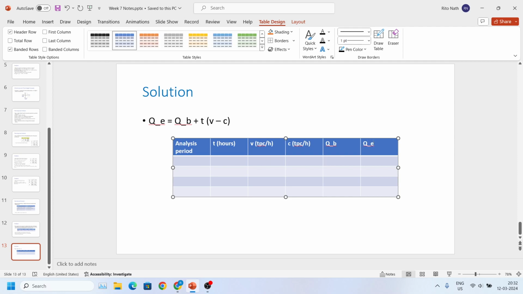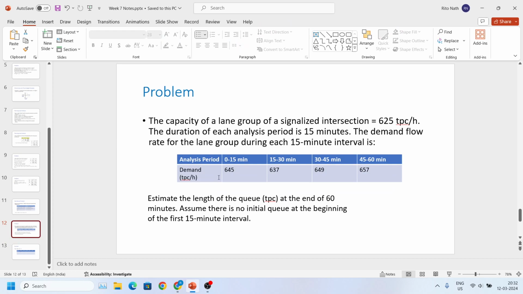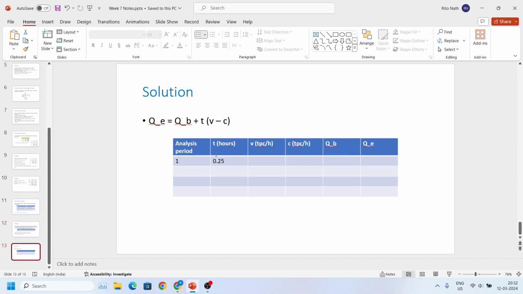So the first analysis period is of length 0.25 hours because you have 15 minutes. Demand is 645, capacity is 625. Initial QB is 0. Then you put this in to get QE.